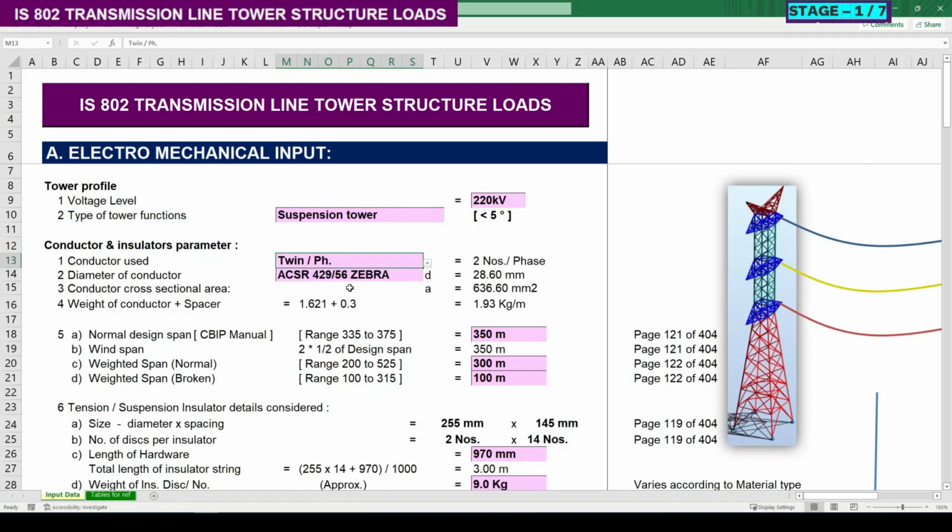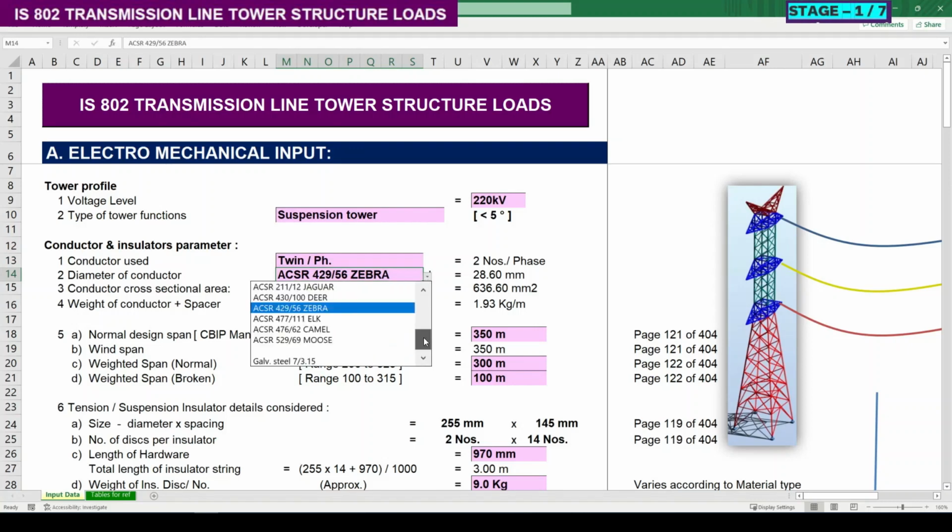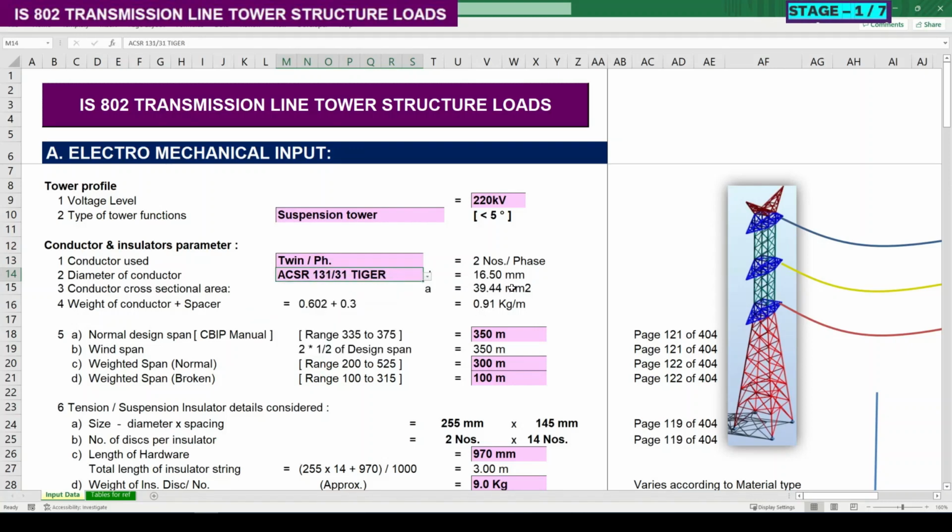Not only the basics like this, it also depends upon the conductor span, conductor diameter or conductor type which we are going to use. For example, if it has a smaller diameter or smaller cross-sectional area, then the ultimate strength of the conductor may be less.